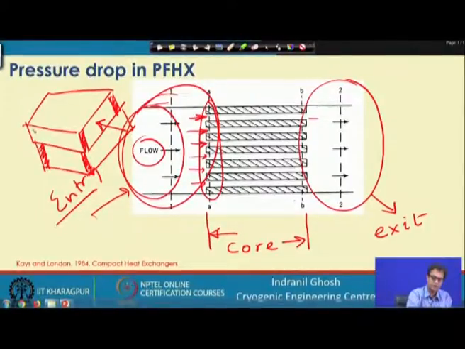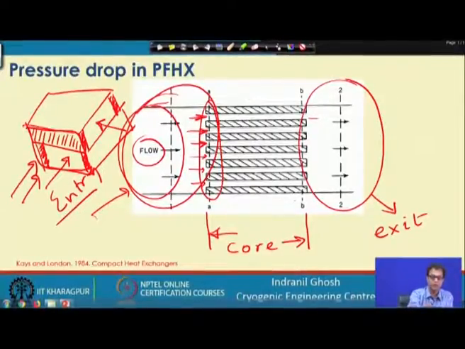When the flow is taking place from this end, this sidebar is blocked for this flow. So, this flow can take place only through this frontal area.